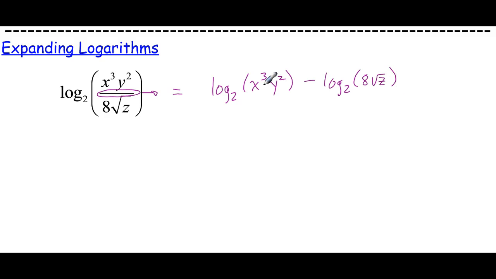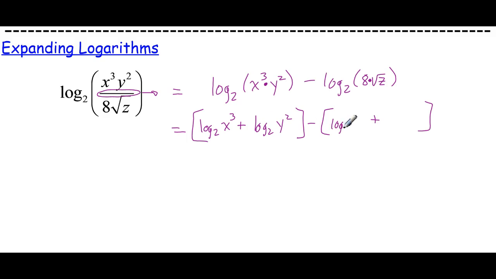And then remember, each one of these is a multiplication. I'll put the multiply symbol in there just to make it really obvious. Multiply breaks up as plus. So this one here is going to break up as plus, and this one here is going to break up as plus. So here we're going to have log base 2 of x cubed and log base 2 of y squared.